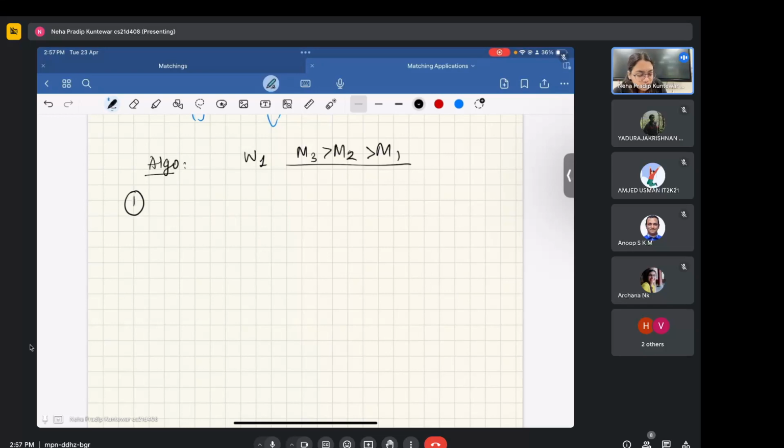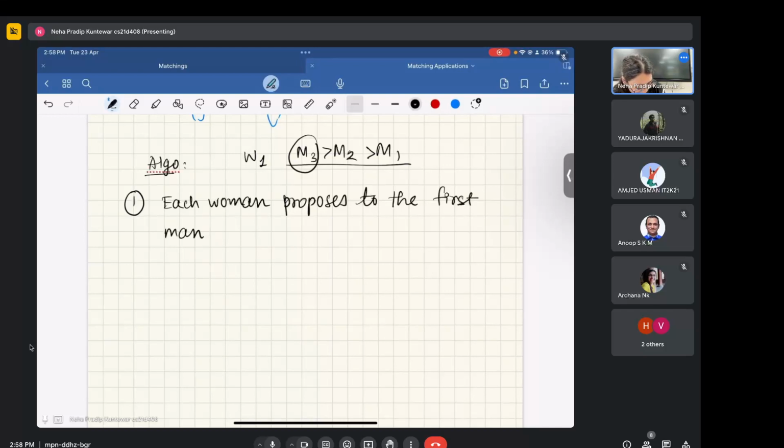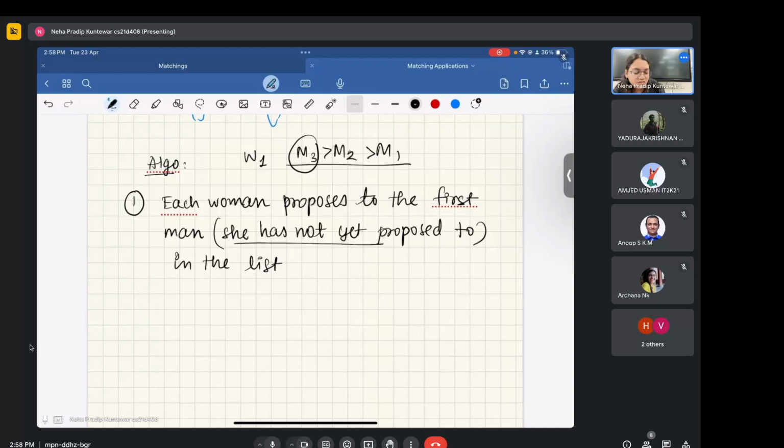Then she goes and proposes to the first man in the preference list whom she has not yet proposed to.